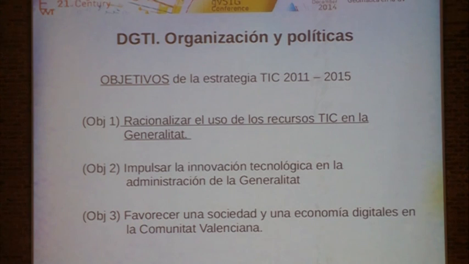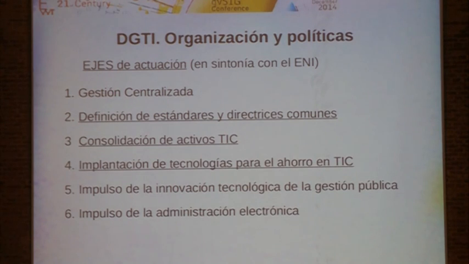The objectives, usually they are very good objectives, and we have to promote information and favor a digital society and digital economy in the Valencia region, promoting technological innovation in the administration of the Valencia regional government, and rationalize the use of information and communication technologies.